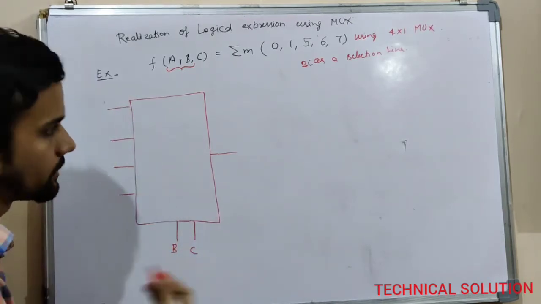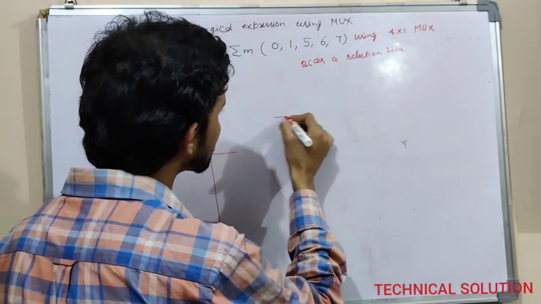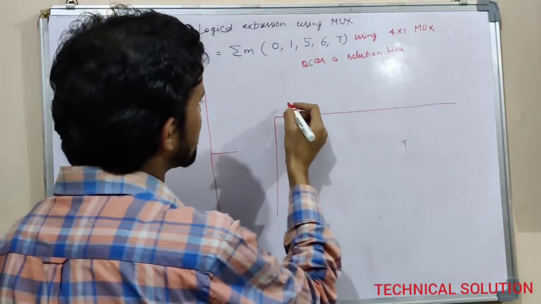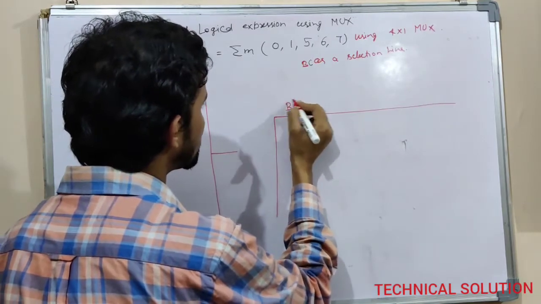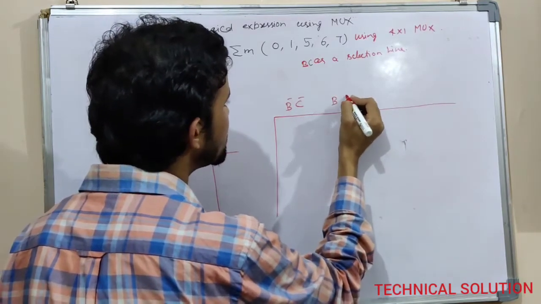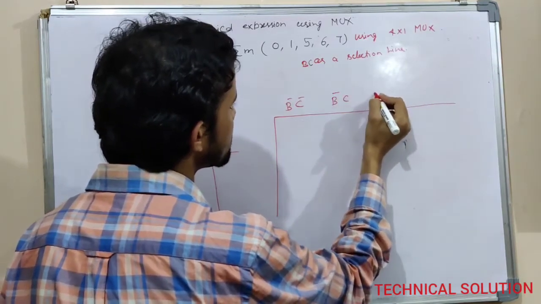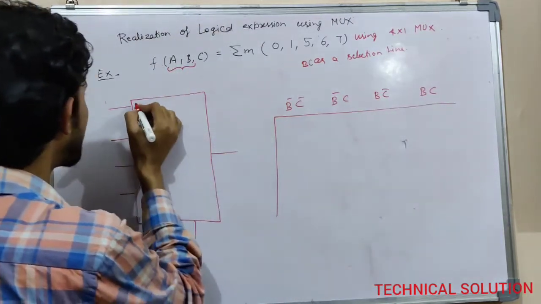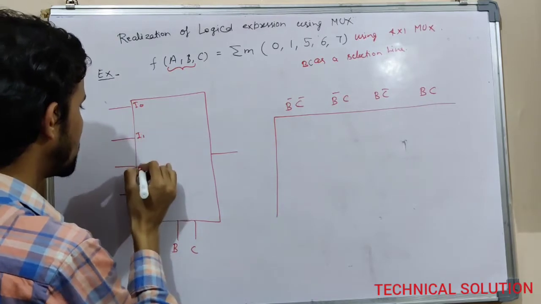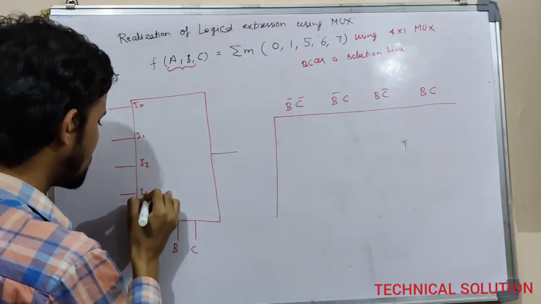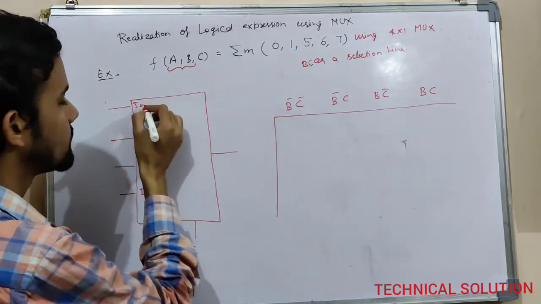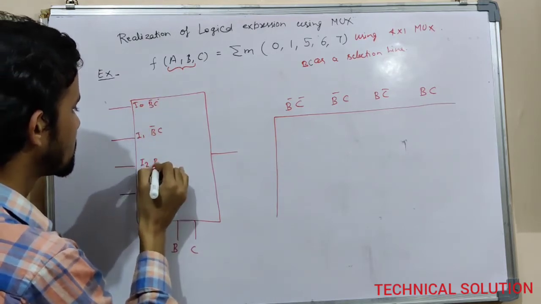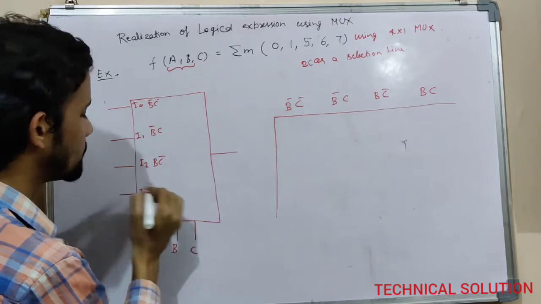Okay, we have to draw the table again, that is B bar C bar, B bar C, B C bar, and BC. Okay, and this one is I0, I1, I2, I3. This is BC. Okay, this is B bar C bar, B bar C, B C bar, and BC.